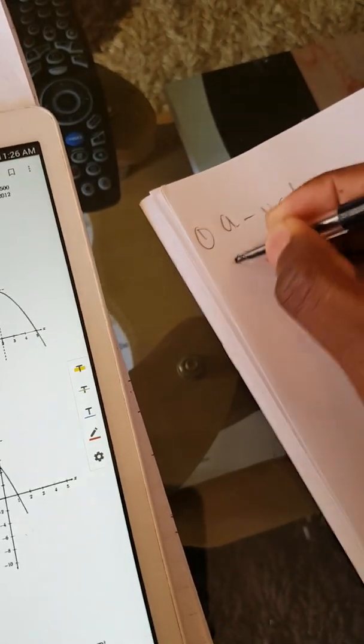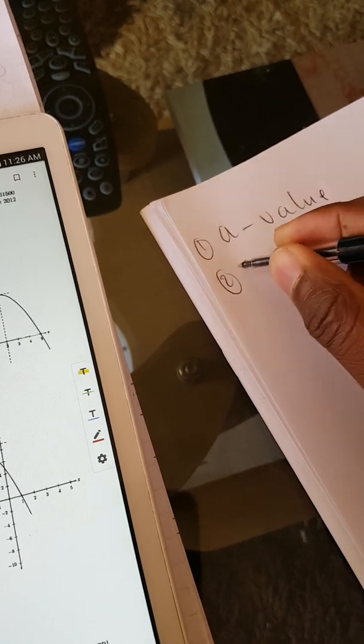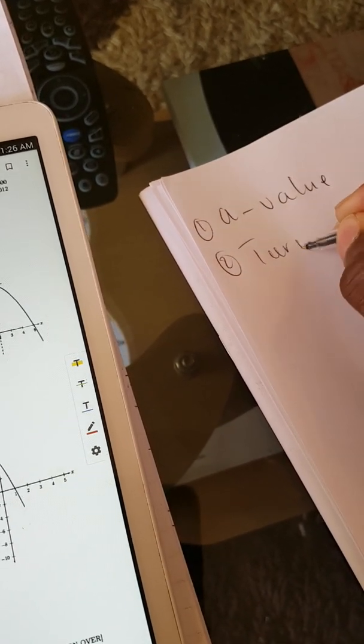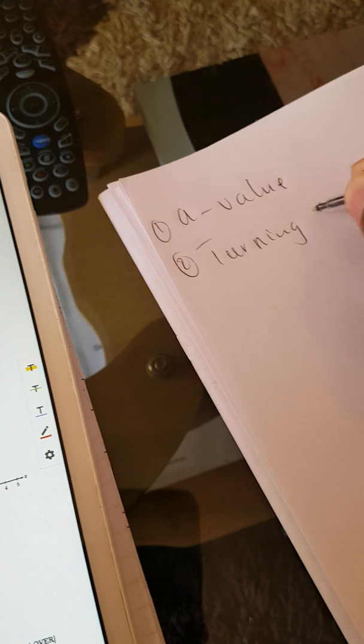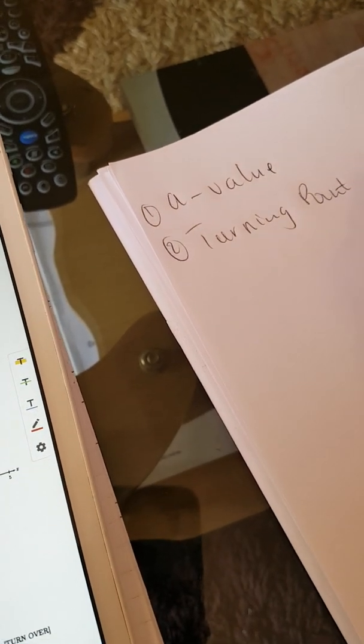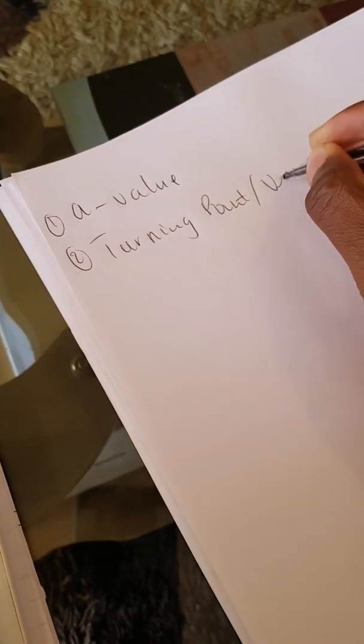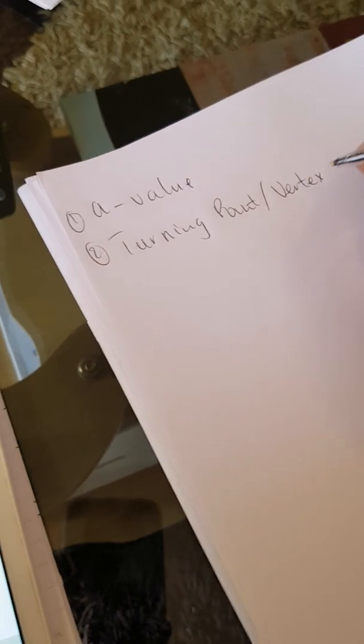That's number one. Number two, we're going to talk about turning point. What's the other name for turning point? It's vertex. They can say calculate the vertex or turning point.